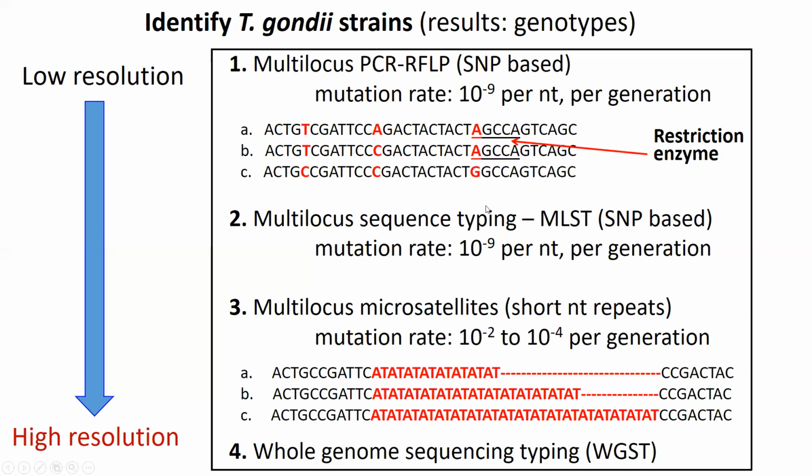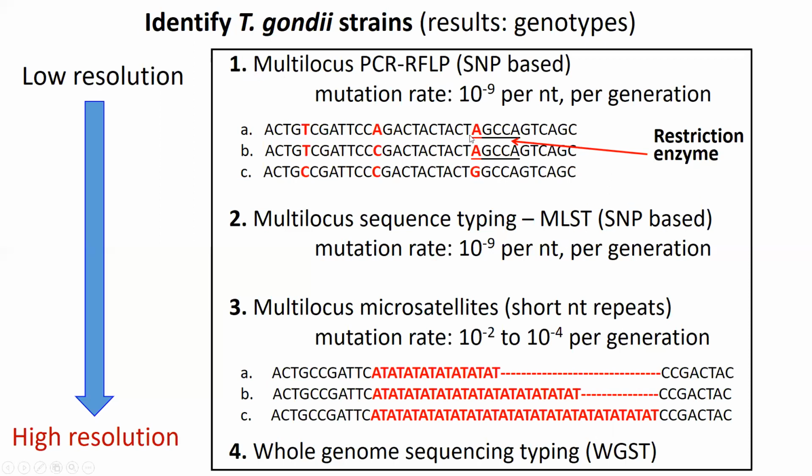Okay, so what is in common between the multilocus PCR-RFLP and the multilocus sequencing typing? The common point is they both look at single nucleotide polymorphism. So in that sense, they are using a similar data set.